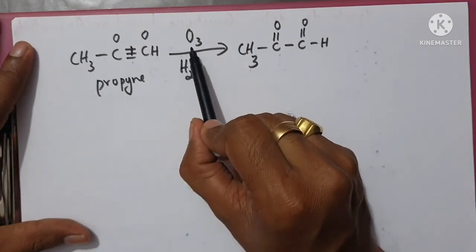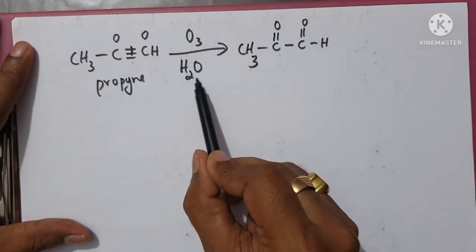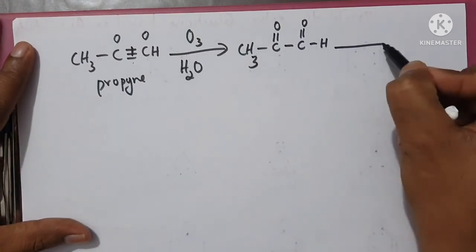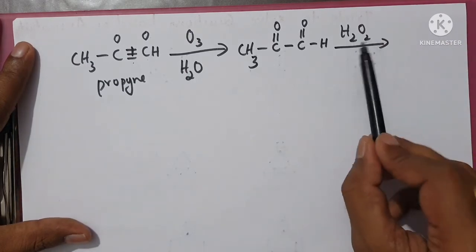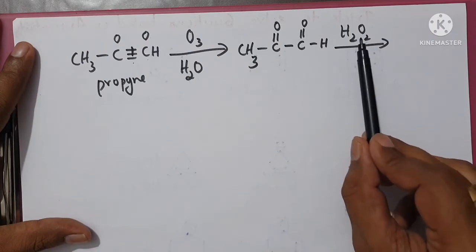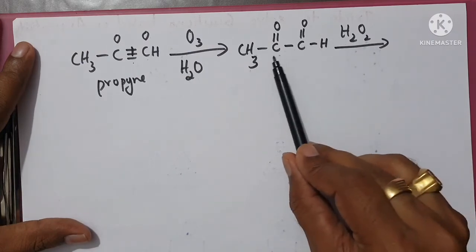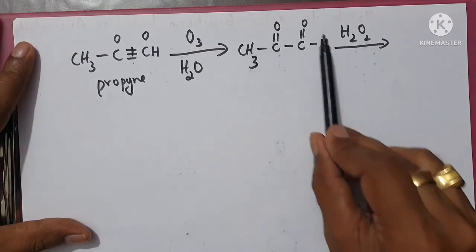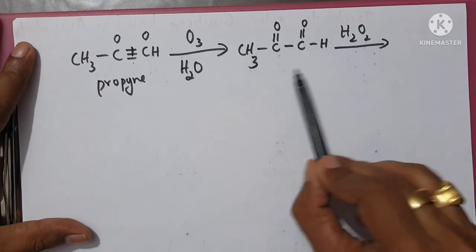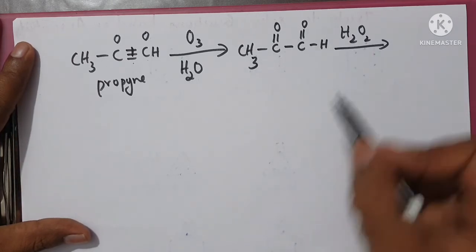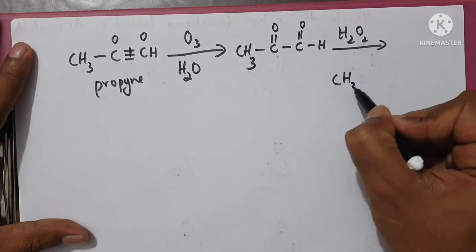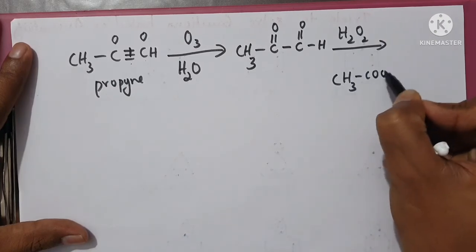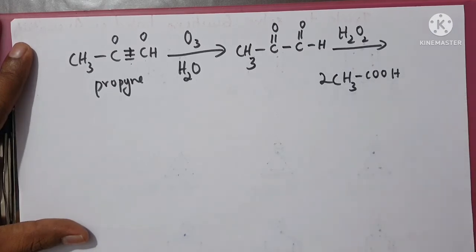And 1 more oxygen which was remaining oxidizes the water into hydrogen peroxide. This hydrogen peroxide further oxidizes the ketone into carboxylic acids. 2 times carboxylic acids are going to be formed.